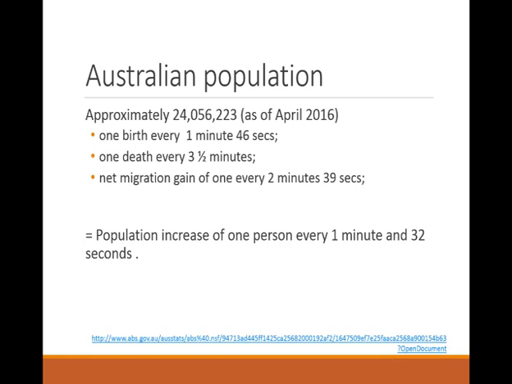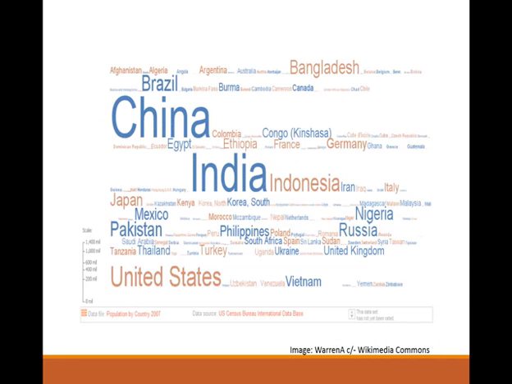And then if we look at other countries around the world, what we see is most countries are having a gain or growth in the population. I really like this image, because it's a representation of the world's population. The bigger the writing is, the more people they have in those countries.